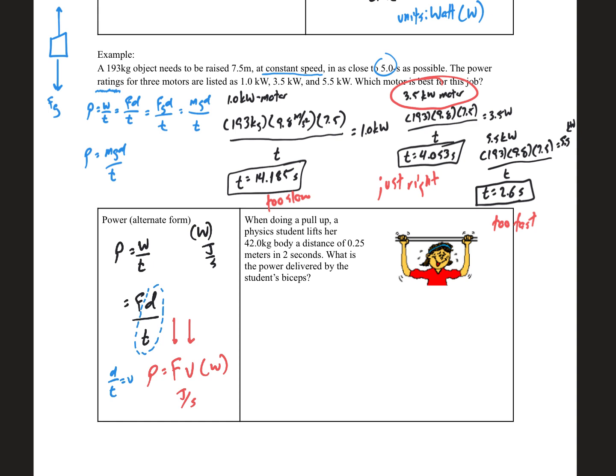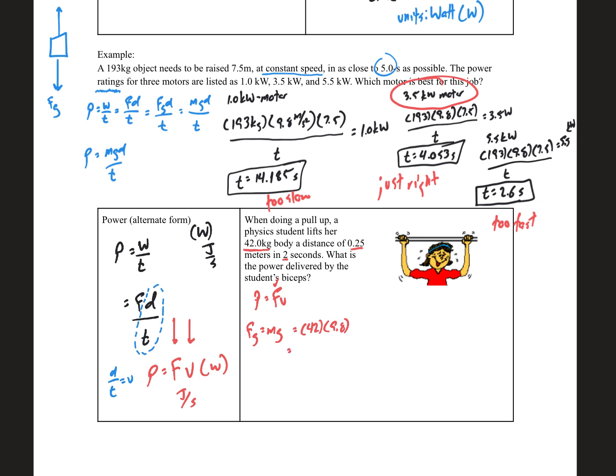So here's an example. We know we're going to use power is equal to force times velocity. So take a look at this problem. We have a person doing a pull-up. We have the distance and we have the time. For the force, we know the force is going to be Fg, which is mg. So Fg, mg is 42 times 9.8.